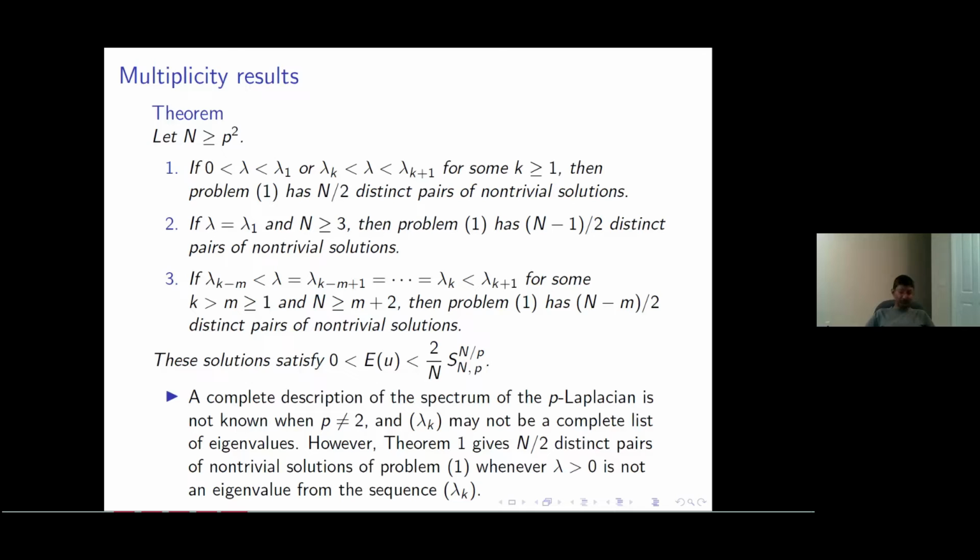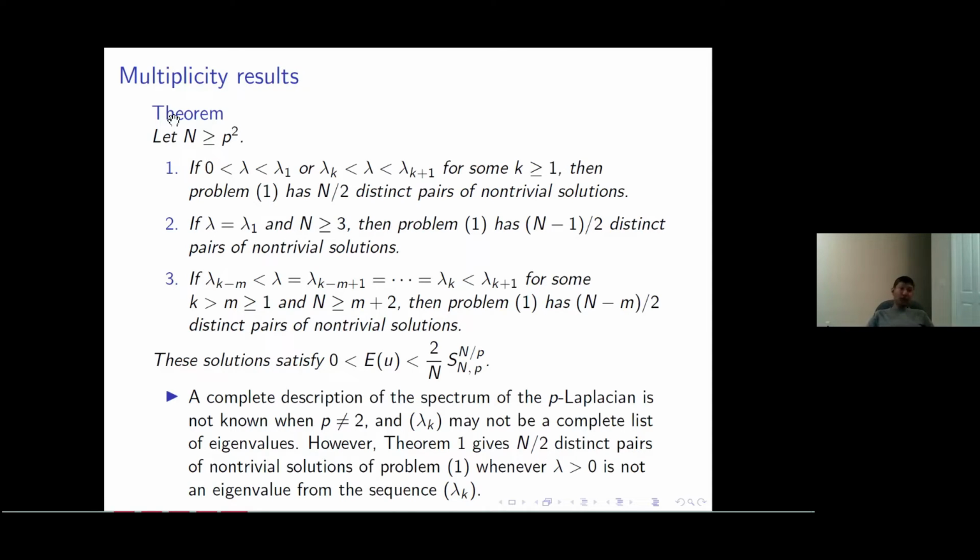One of the open problems about the p-Laplacian is that the entire spectrum of the p-Laplacian is not known. You can define various sequences of eigenvalues using different kinds of minimax schemes, but it's not known if any of those give you a complete list of the eigenvalues.